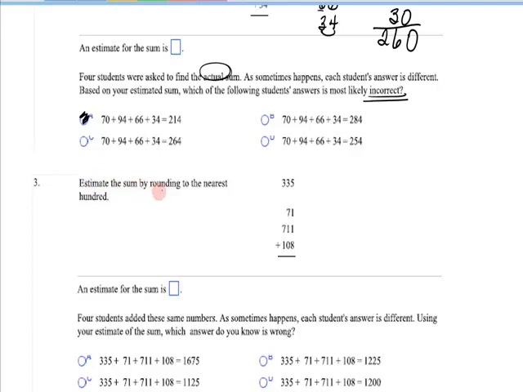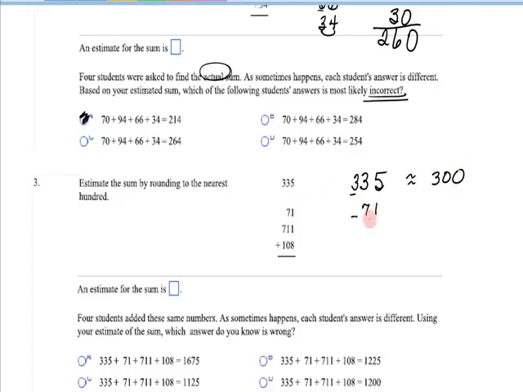It says estimate the sum by rounding to the nearest 100. So 335 to the nearest 100. This 3 will tell you to leave it, and it is 300. 71.